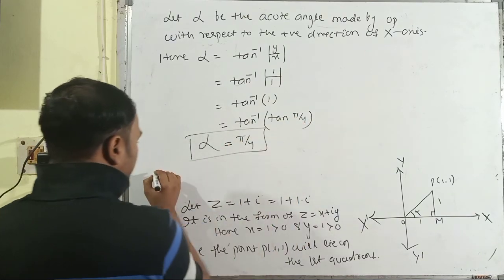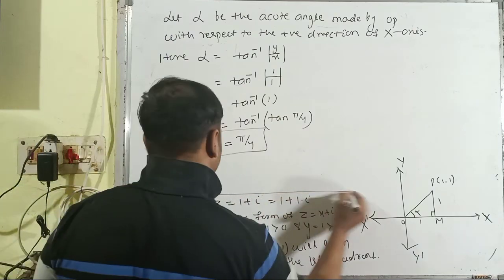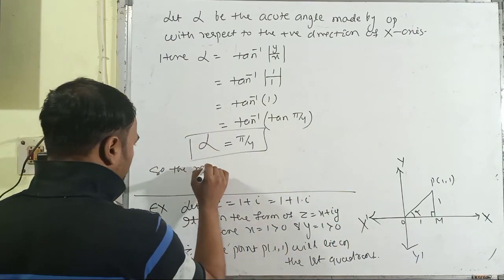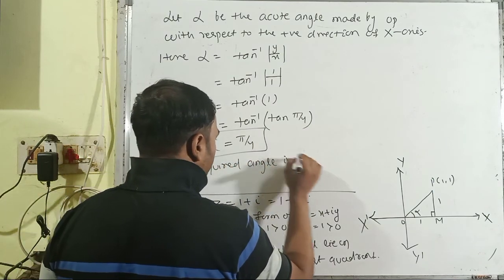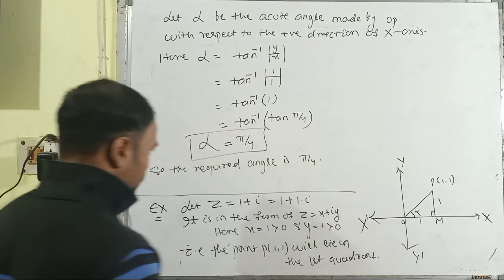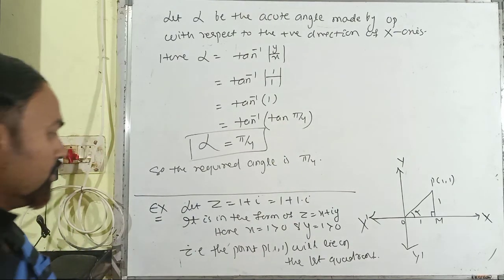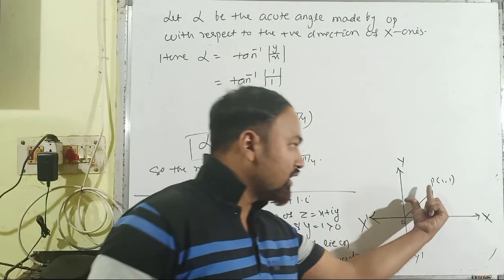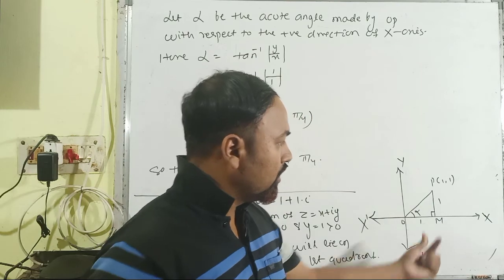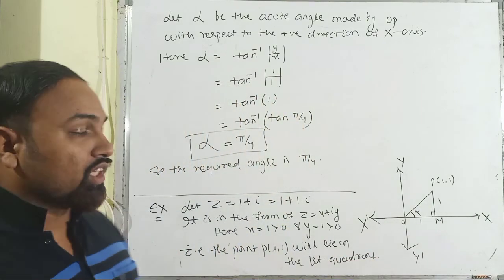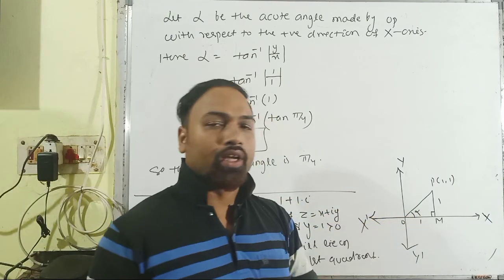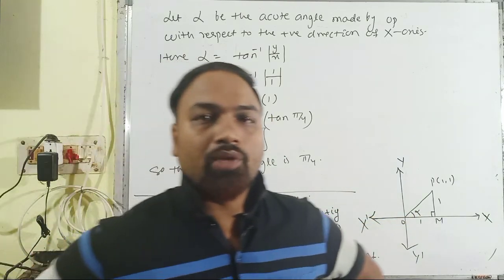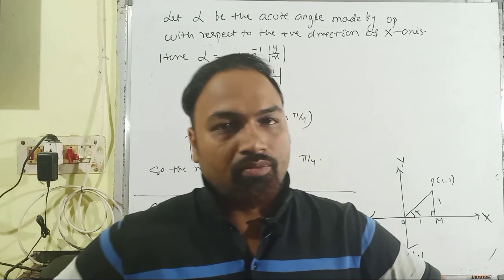So the required angle is pi by 4, and it is made by the line segment OP with respect to the positive direction of the x-axis, and alpha is an acute angle. So it is all about the geometrical representation of a complex number.